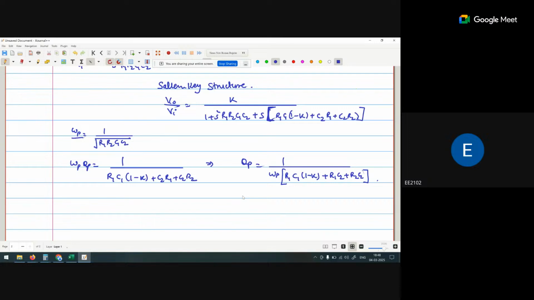Now how we calculate this formula, you can easily go through the content, where the professor solves the complete formula. This is a Sallen-Key structure.